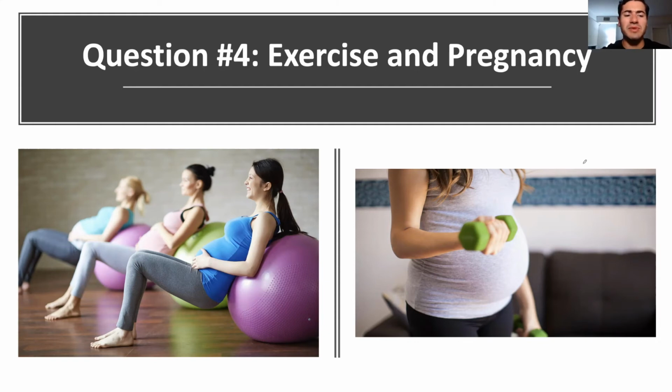So examples would be a brisk walk, water aerobics, the elliptical. They also say that you can run. Now, they recommend this only for women who have been running before their pregnancy. They say, don't get into running when you're pregnant, get into it after. Great idea. And stationary cycling is also recommended.